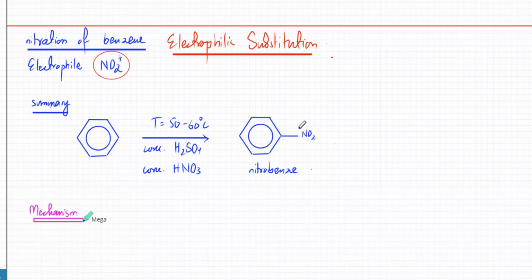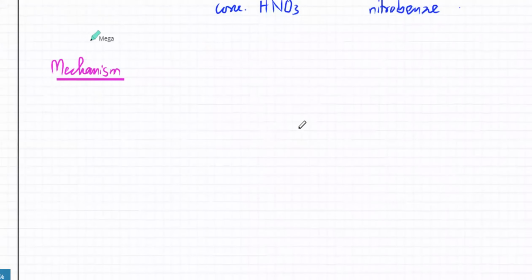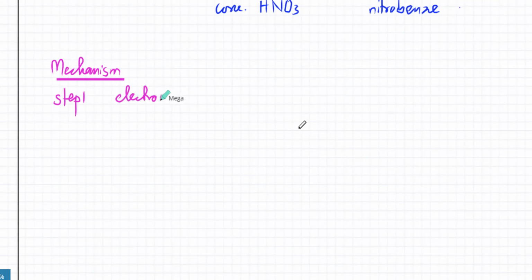What happens during the mechanism is, step number one, the electrophile is created, or the electrophile is produced.